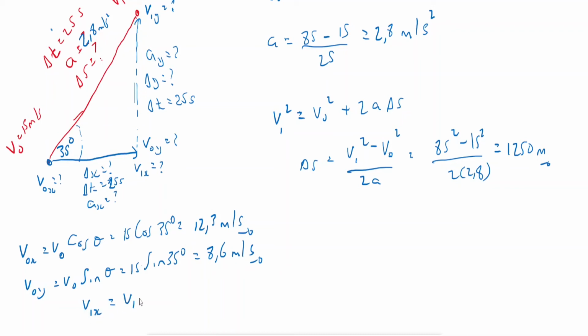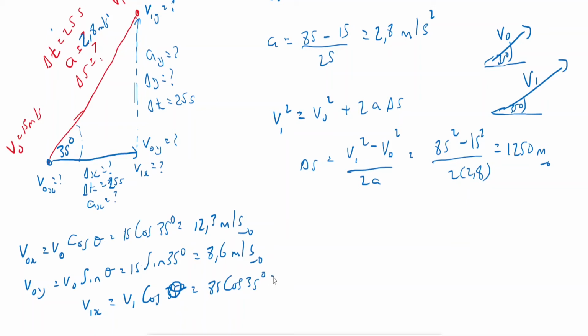All right, how about v1x? v1x is going to be given by v1 cos of theta. If you look at how v1 looks, v0 looks like this, and there's an angle of 35 degrees. v1 also looks like that, with an angle of 35 degrees as well. That's basically what you have. So this is going to be 85 cos of 35 degrees, and that is equal to 69.6 meters per second.